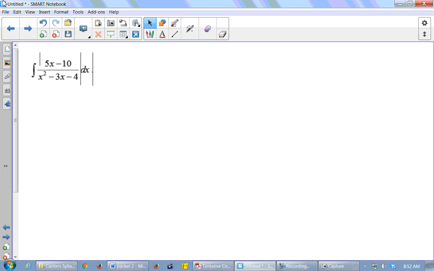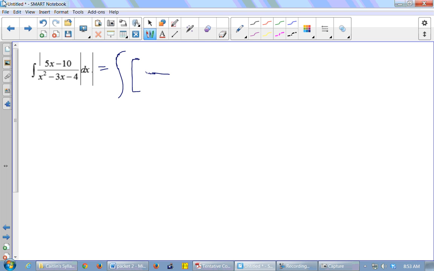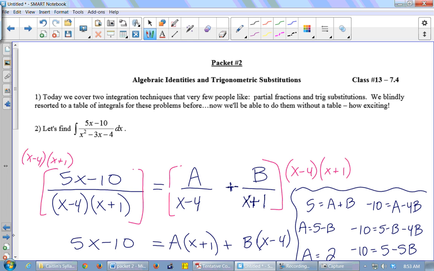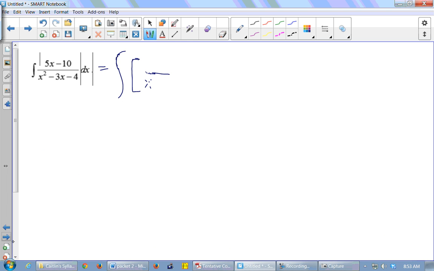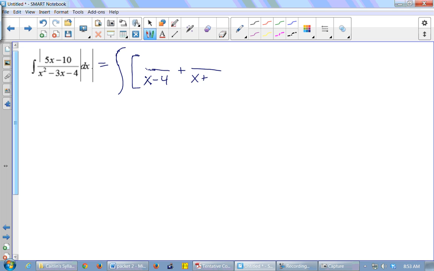Okay, so now I can rewrite my integrand as a sum of two simpler fractions, right? It's going to be something over, how did I break it up? x minus 4 was first, okay. Plus something over x plus 1 dx.